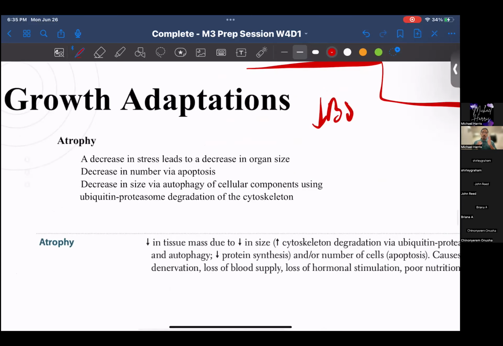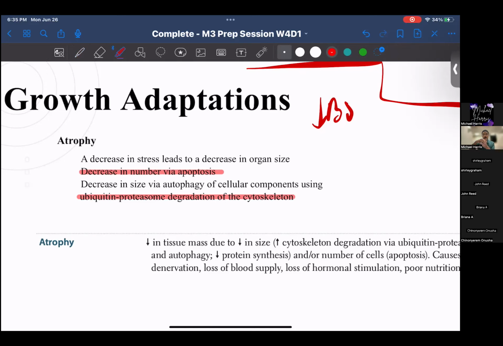Okay. So with the atrophy, this is undergone by protein breakdown, the ubiquitin proteasome pathway. Now, another way that they can undergo it is simply by undergoing apoptosis of various cells inside the organ, which causes the organ in total to atrophy.